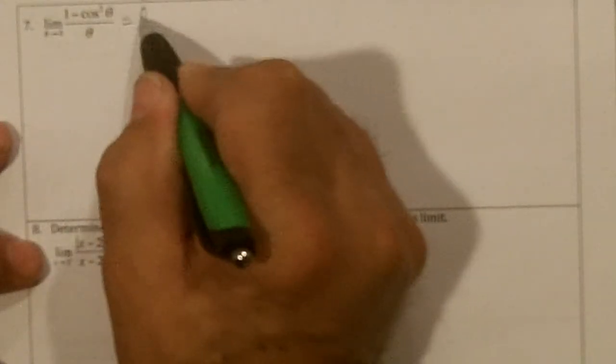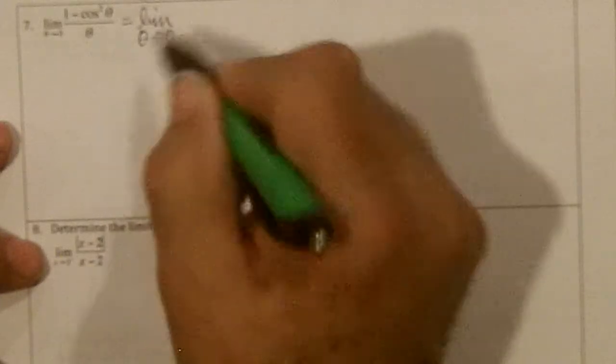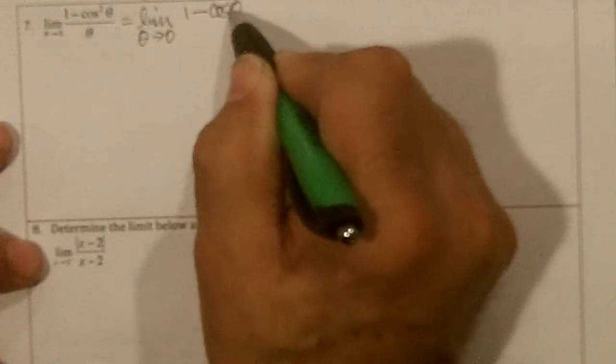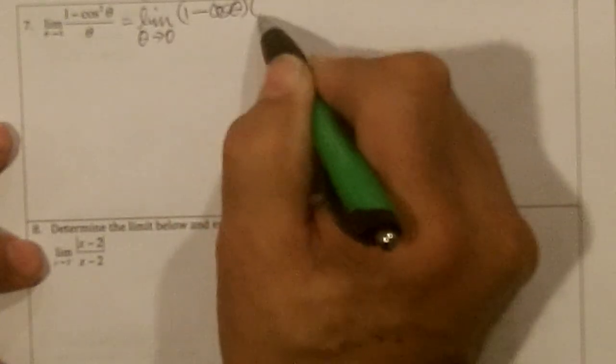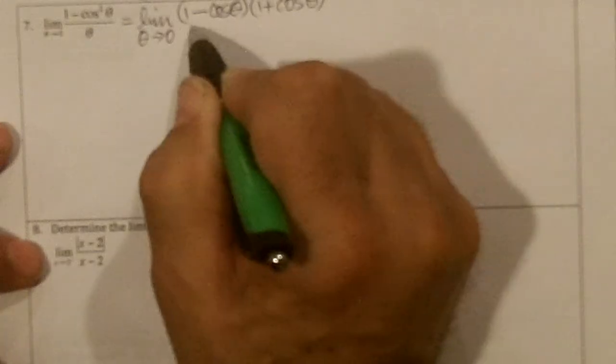This 1 minus cosine theta squared factors just like 1 minus x squared. It factors to 1 minus cosine theta times 1 plus cosine theta over theta.